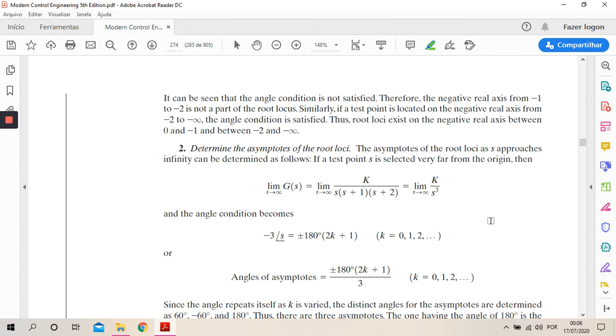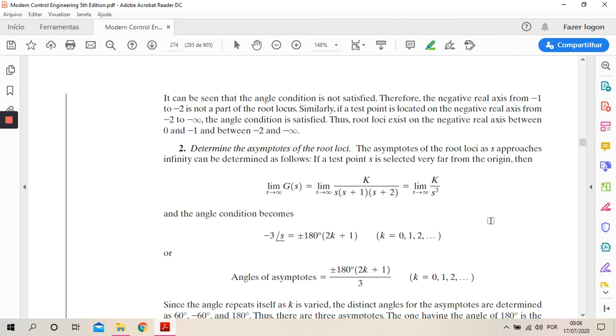Similarly, if a test point is located on the negative real axis from negative 2 to negative infinity, the angle condition is satisfied because, again, the angle is going to be a multiple of 180 degrees times 2k plus 1. Okay.